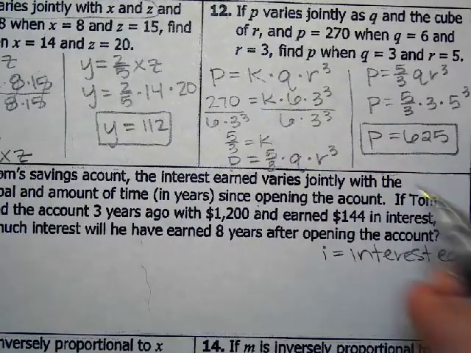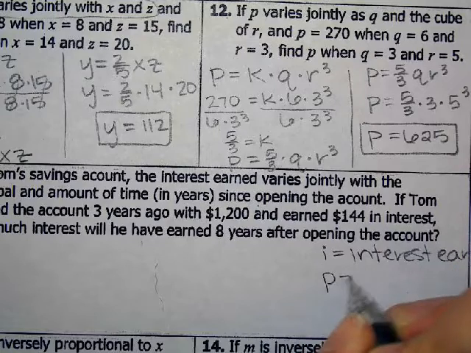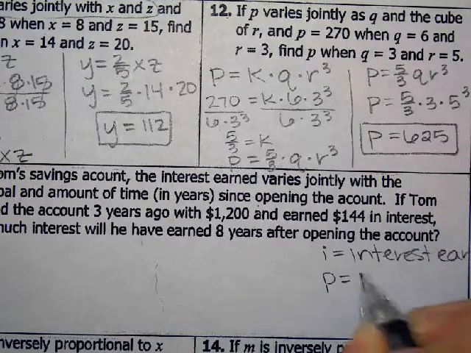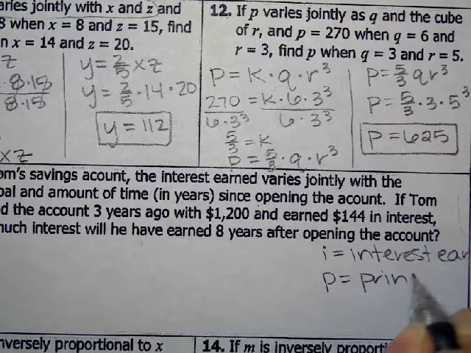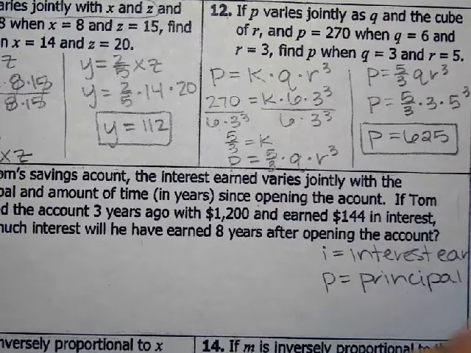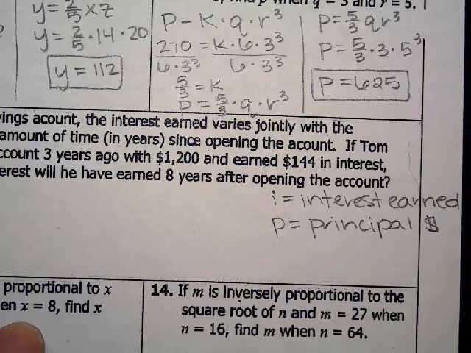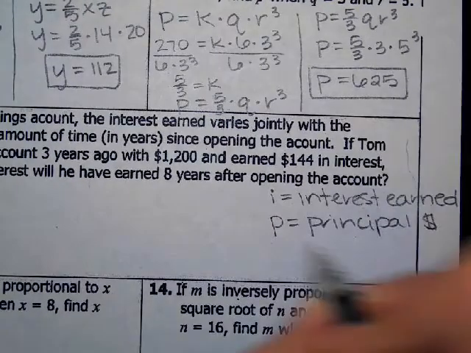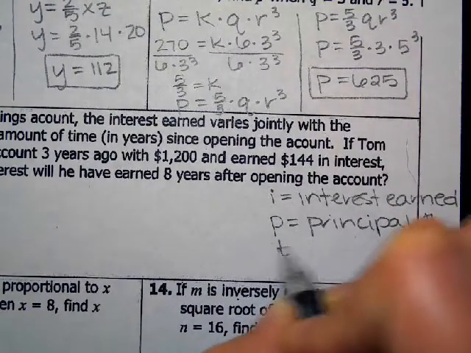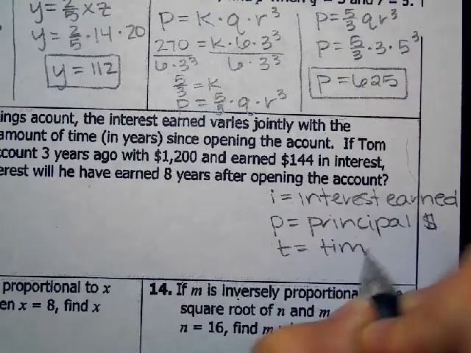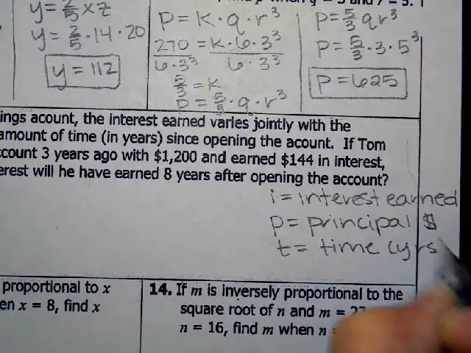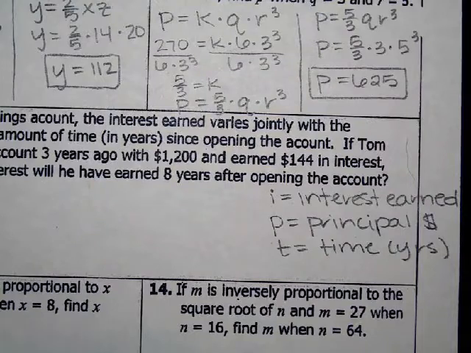So P is going to be principal, and principal in this case is your starting amount of money. Not principal like Dr. Davis, but principal as in starting amount of money. And then T I'm going to use for time in years. Okay, so I'll use I, P, and T, and I think that will work.